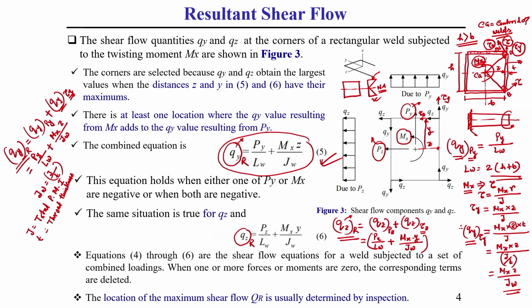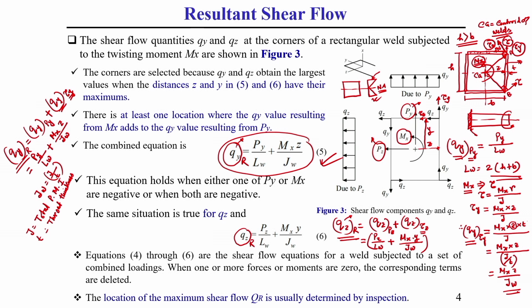So, first we need to find the centroid of all welds, after that we need to choose the furthest distance where the shear stress is maximum, that is generally the corner point I have already shown. That corner point, and the shear stress always will act perpendicular to the line joining this corner point and CG, I have already shown you.